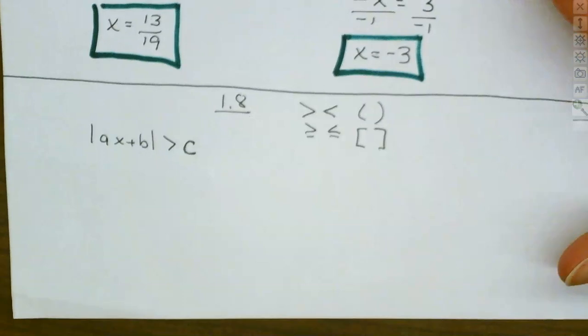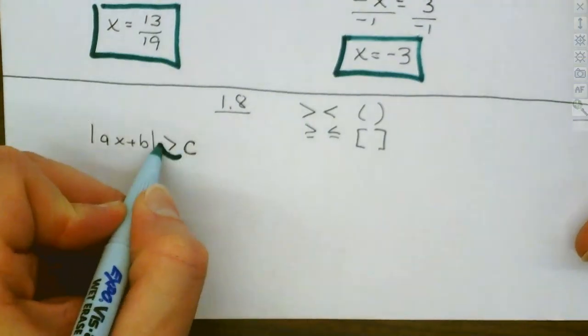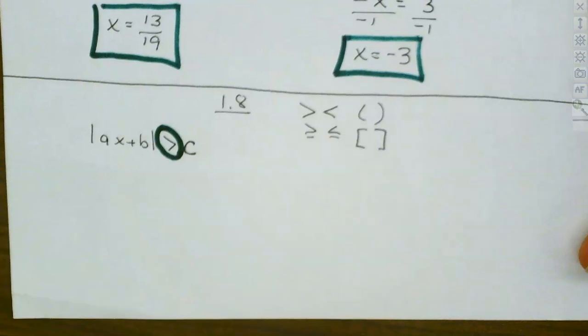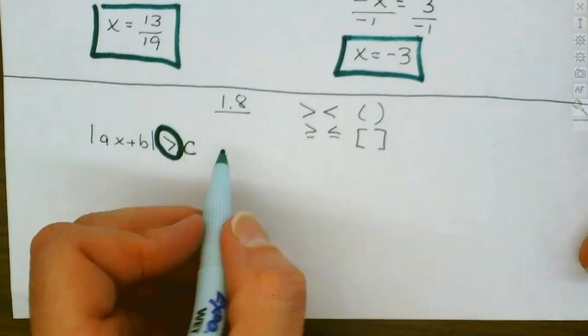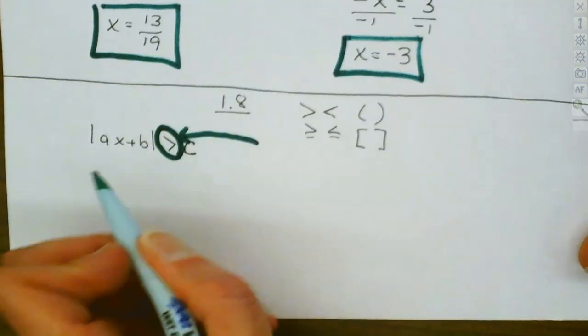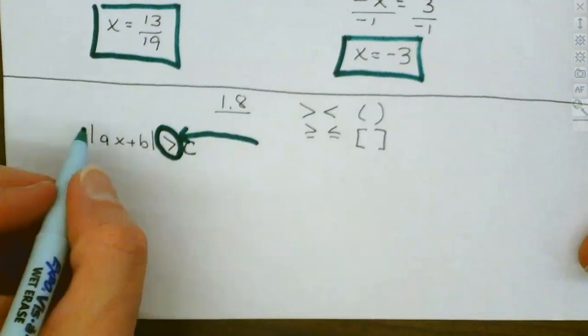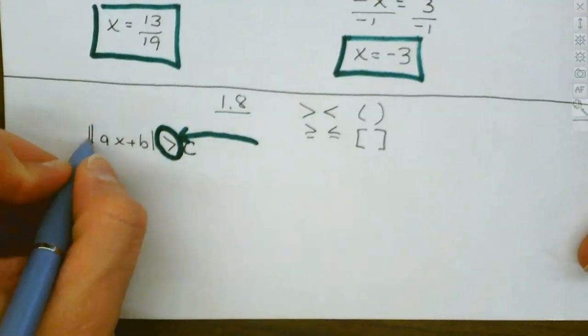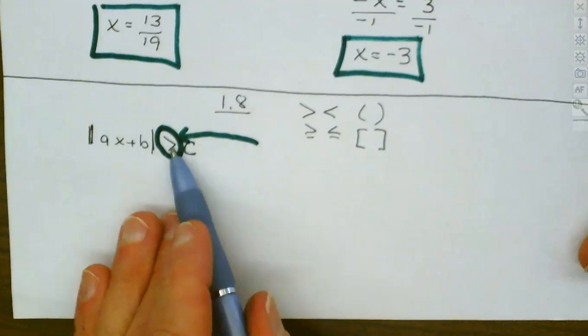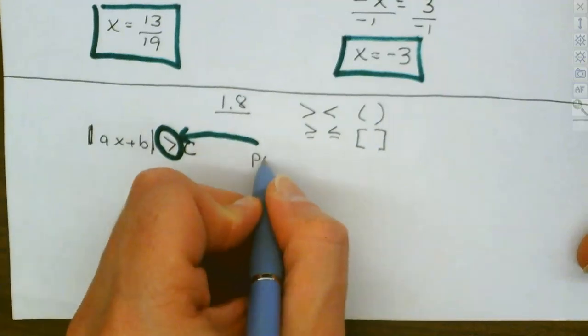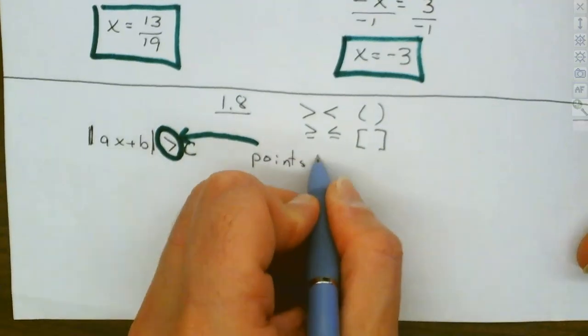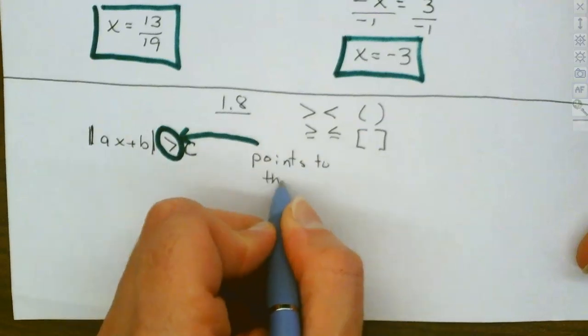When we go to graph these, it's going to be graphed one of two ways. And how we determine where to shade is we look at our inequality. Now, when we look at this inequality here, here's my absolute value, the inequality is here, and this inequality points to the right.